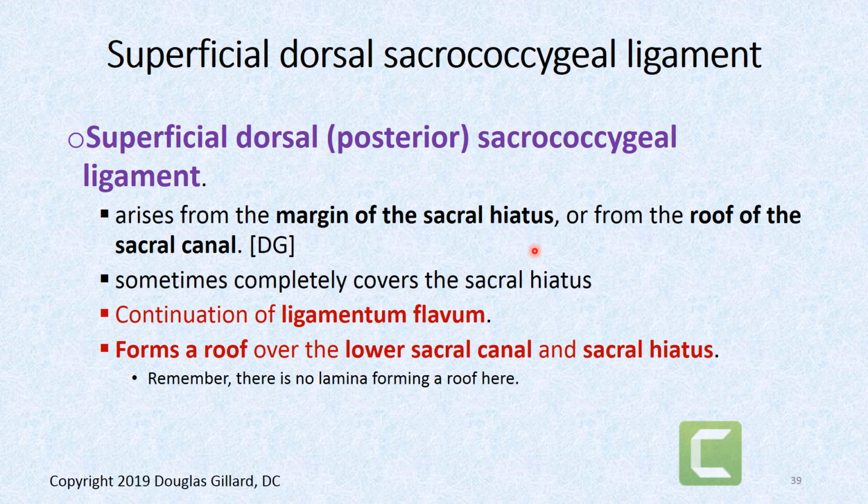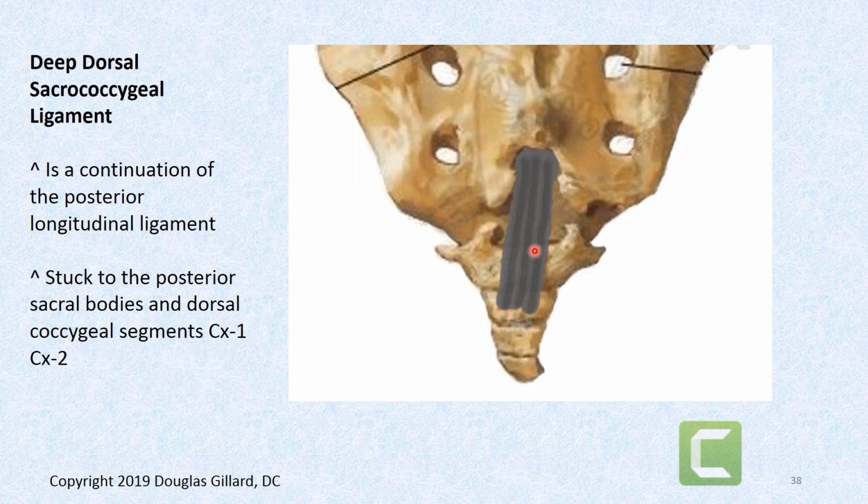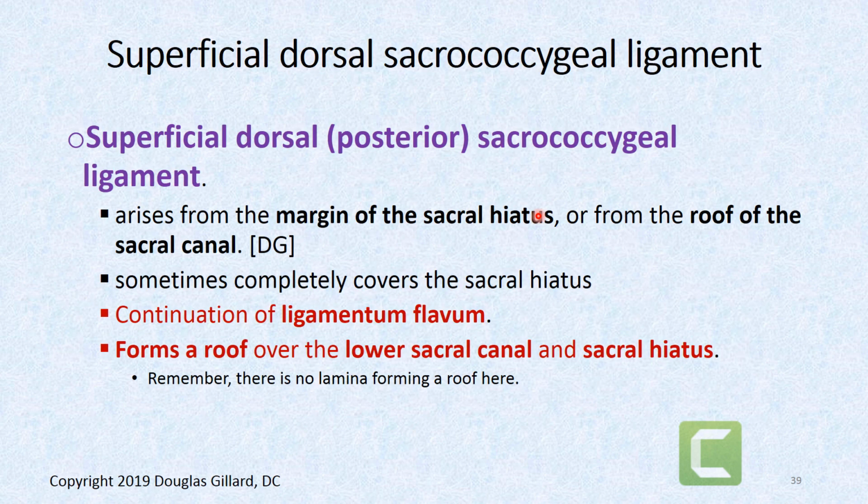Then there's a superficial one. Did I say the deep one is akin to the posterior longitudinal ligament? The superficial one is akin to another important ligament called the ligamentum flavum. We're going to talk a lot about ligamentum flavum, the yellow ligament. This one arises from the margin of the sacral hiatus and forms the roof of the sacral canal.